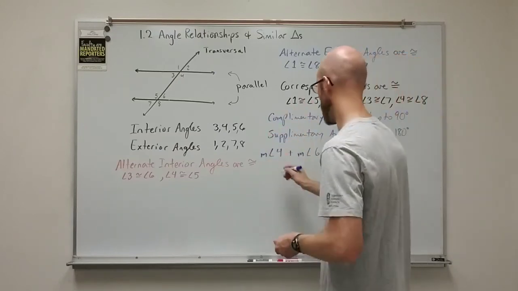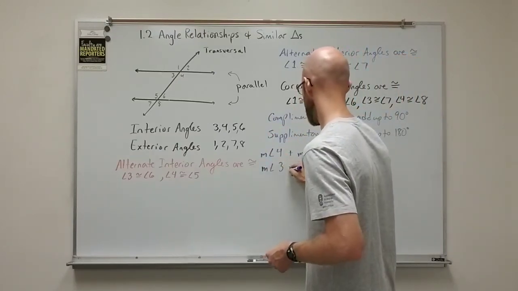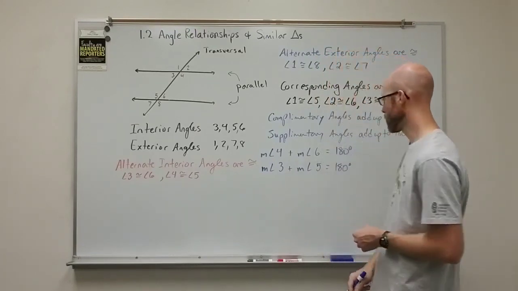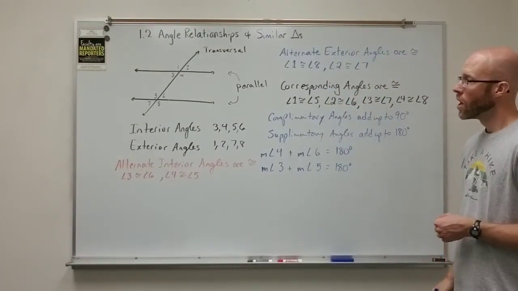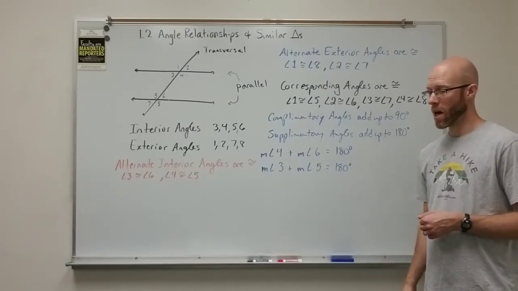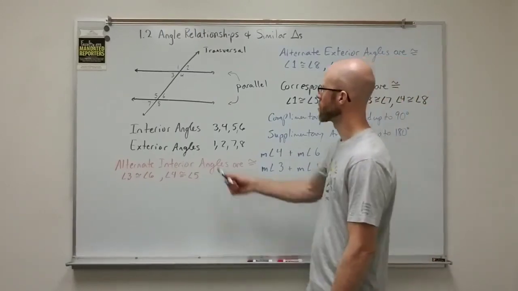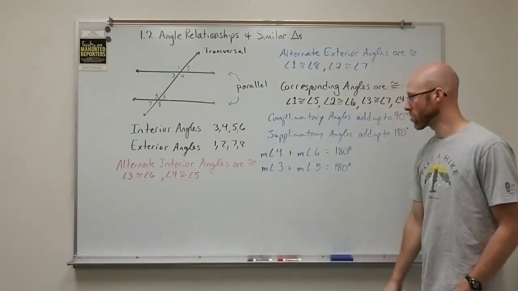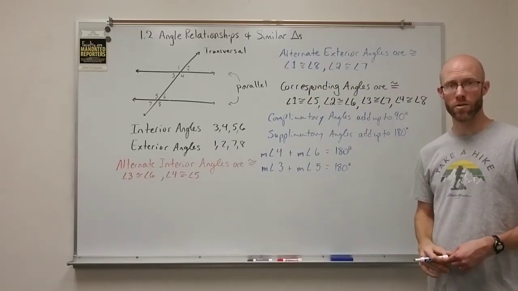And same with 3 and 5. So measure of angle 3, measure of angle 5 will add up to 180 as well. And you could do the same thing with the exterior angles on the same side. So you could do 2 and 8, 1 and 7. Those are also going to be supplementary angles.